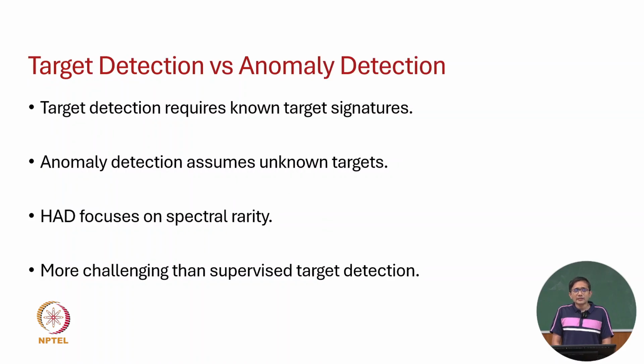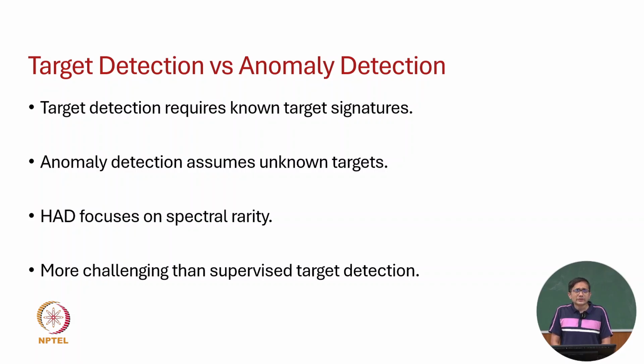Let us quickly also try to understand the difference between target detection versus anomaly detection. Target detection usually requires a known target signature, whereas anomaly detection assumes an unknown target. So it doesn't require a known target signature a priori.